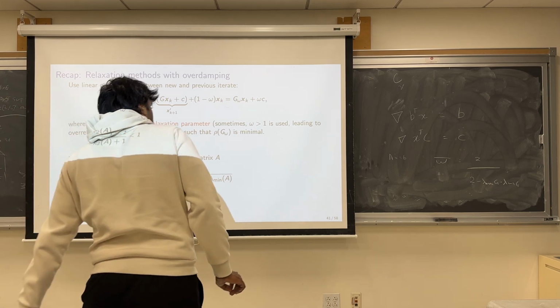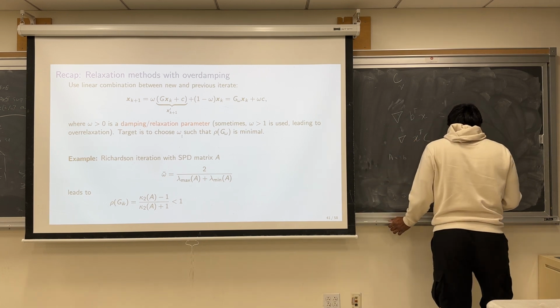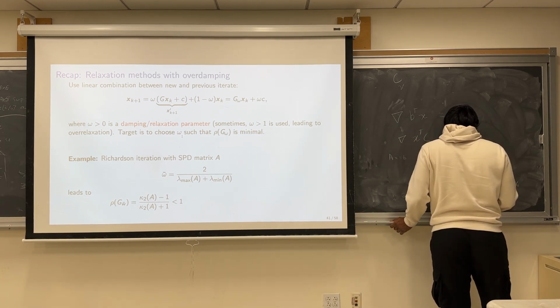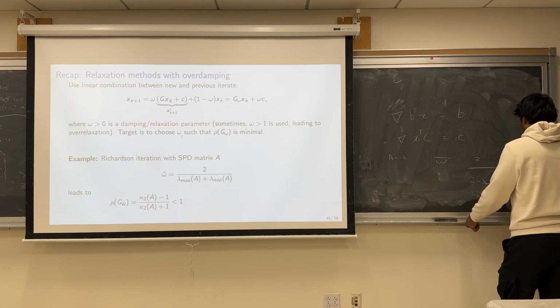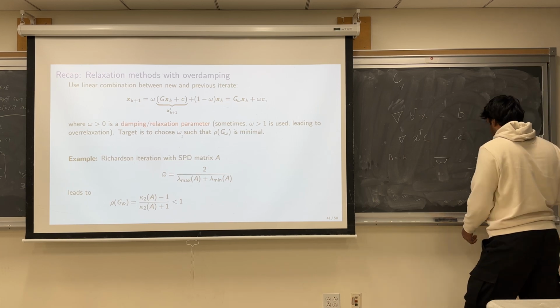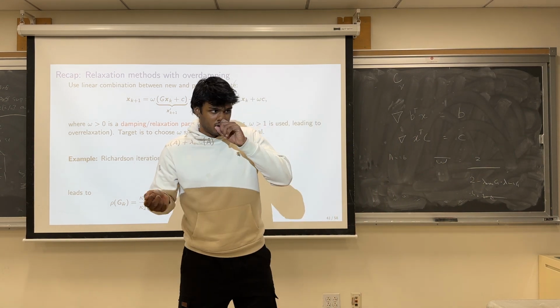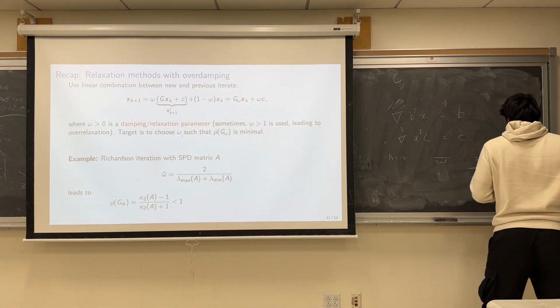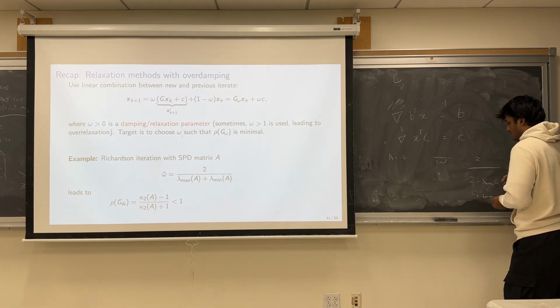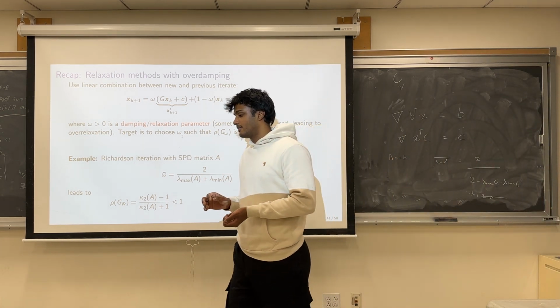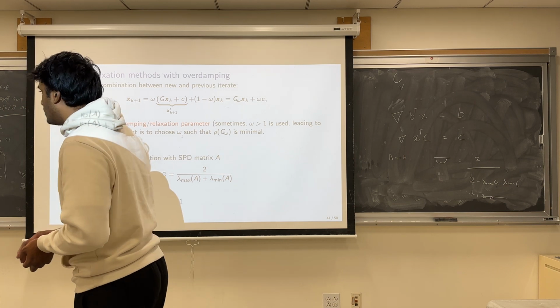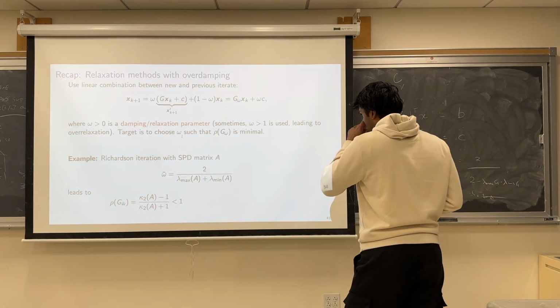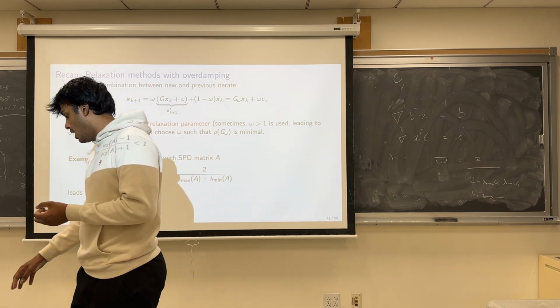Yes, this is correct. Because G is identity minus A, this becomes 1 minus lambda min of A, and lambda max plus lambda min. It is correct. I remember this formula. This is true for all G, right? Find the optimal damping parameter for all G.